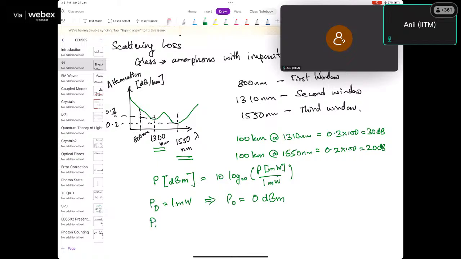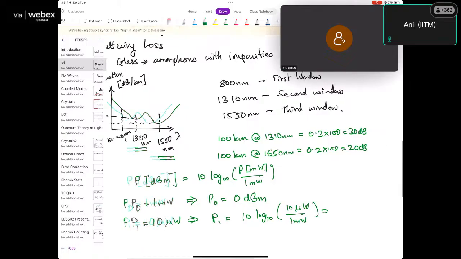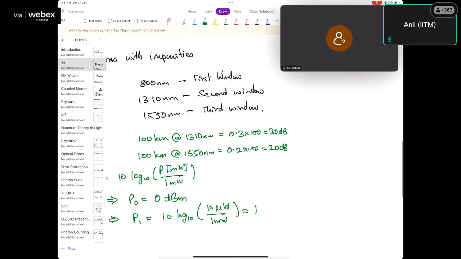Similarly, if I say P1 is equal to 10 microwatt, this implies that P1, which is 10 log 10 of 10 microwatt divided by 1 milliwatt, is equal to 10 log to the base 10 of 10 to the power minus 2, which is minus 20 dBm.